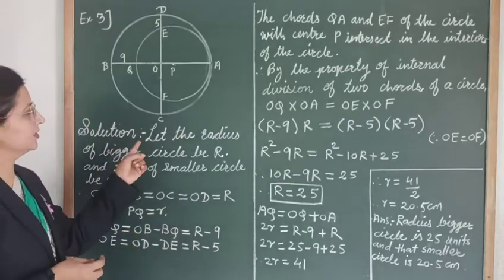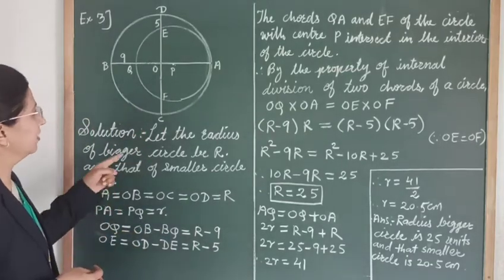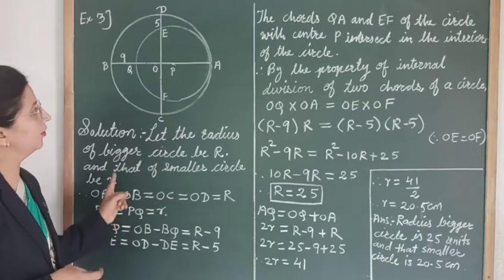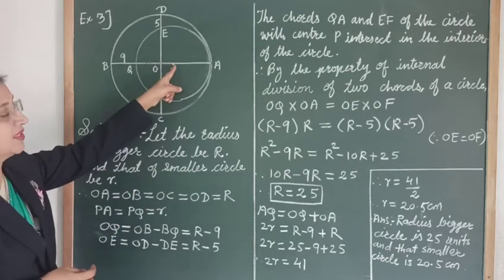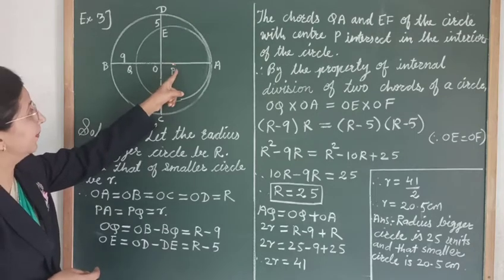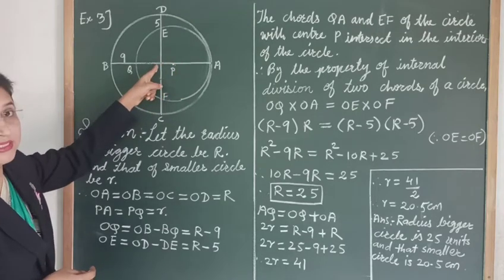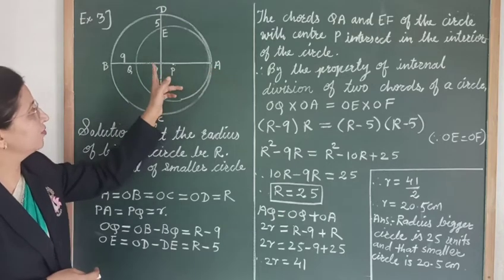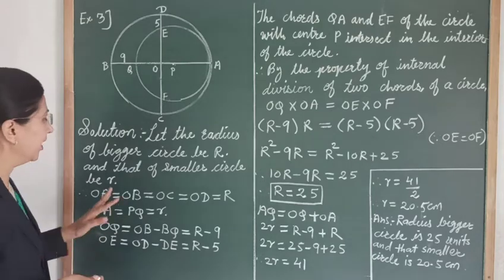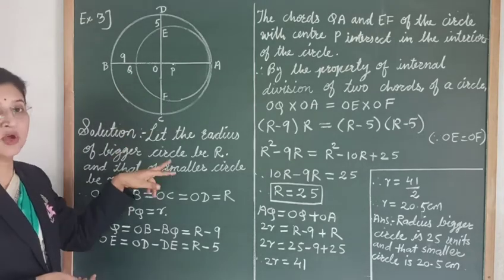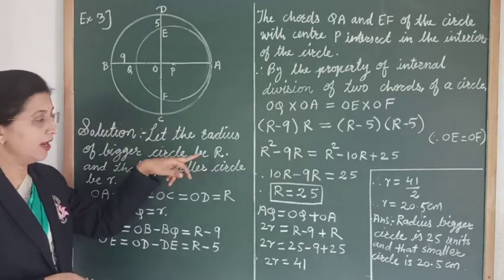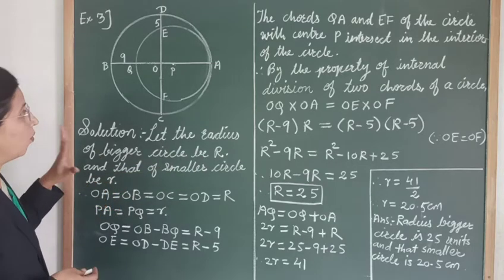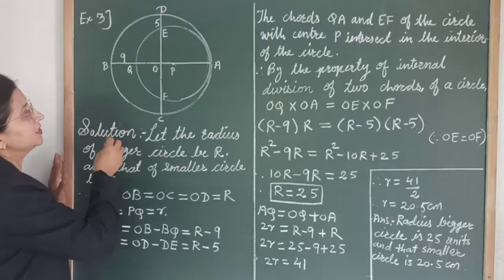So here let's consider the radius of the bigger circle as capital R and that of the smaller circle as small r. The smaller circle has center P and the bigger circle has center O. They are touching each other at point A. Then we have to find the radii of both circles. So what are the radii of the bigger circle?